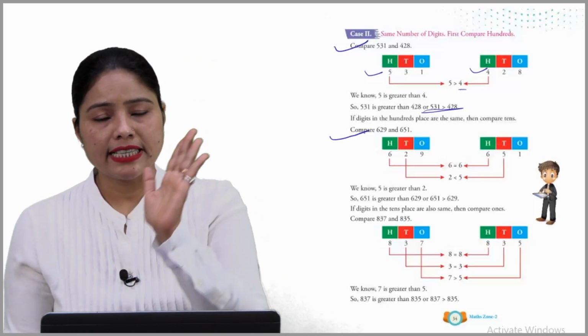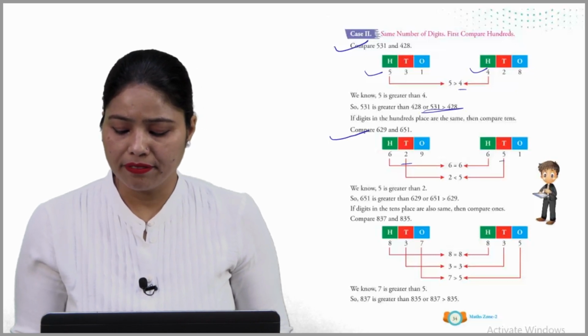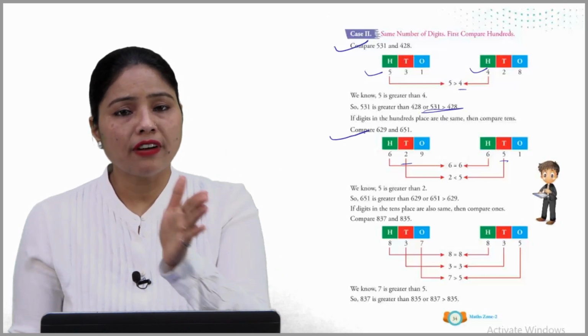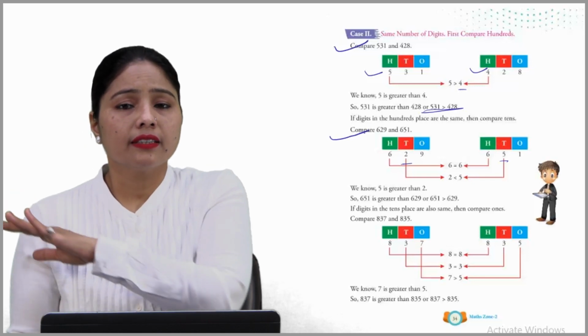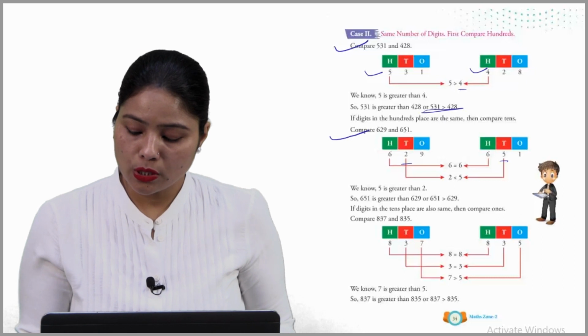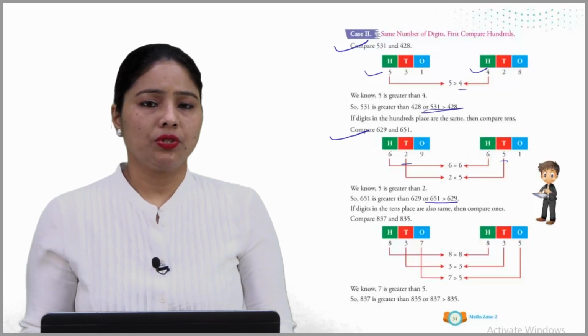Now compare the tens place. Here it is 2, here it is 5. So we know that 5 is greater than 2. So 651 is greater than 629.